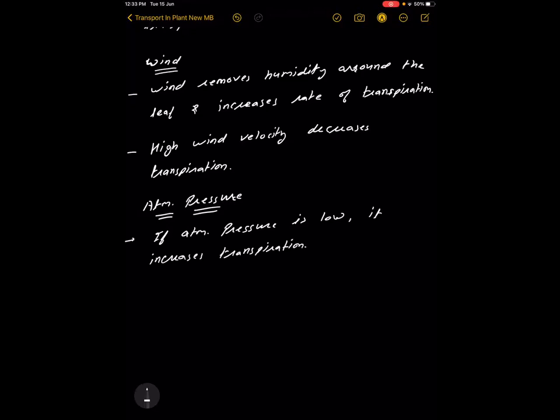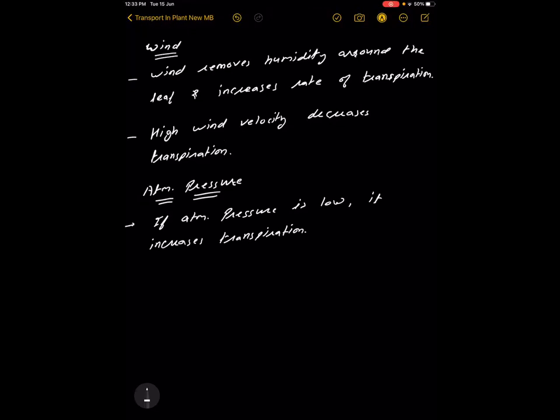So directly they will ask like this: on hilly area, the rate of transpiration? The rate of transpiration is increased. If pressure is decreased, transpiration increases.